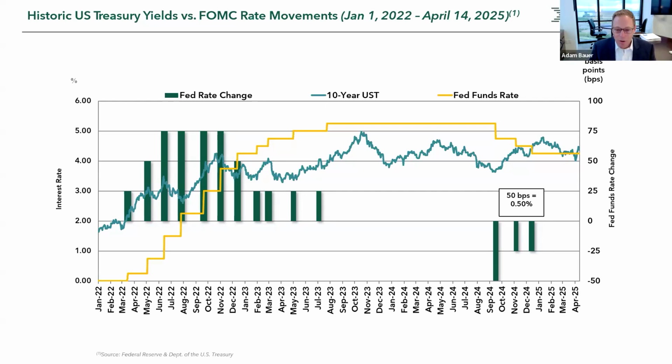And one thing that tracks that is that yellow line, which is the aggregate of all those changes. It's stair-stepping upward as the green bars are above 0, and stair-stepping downward when they are below 0. Then one item we often use to see how it's tracking is the 10-year U.S. Treasury.